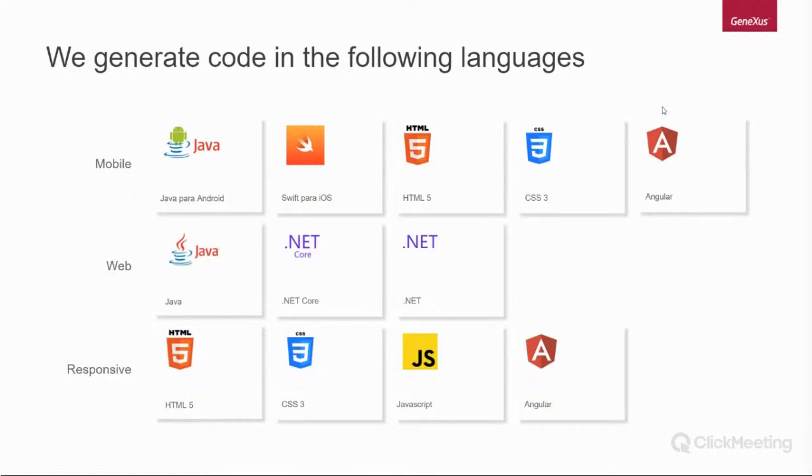For mobile development, the technologies we work with are Java for Android, Swift for iOS, and we have the web technologies, HTML5, CSS3, and the newly added generator for the Angular framework.